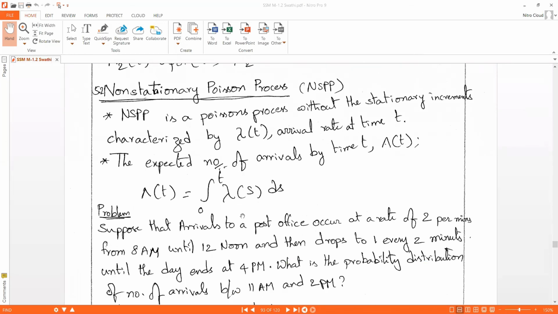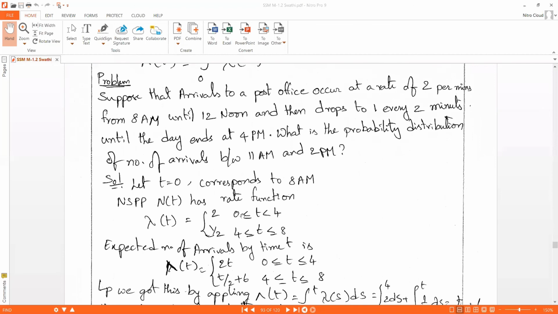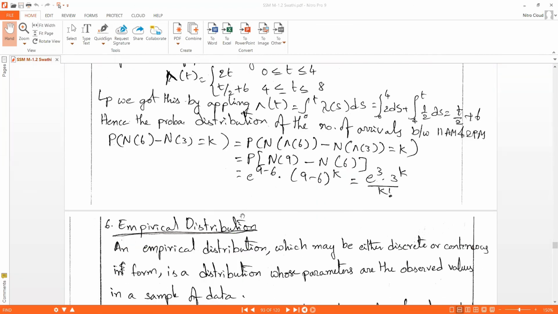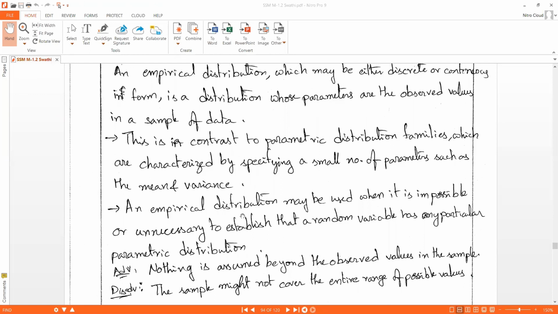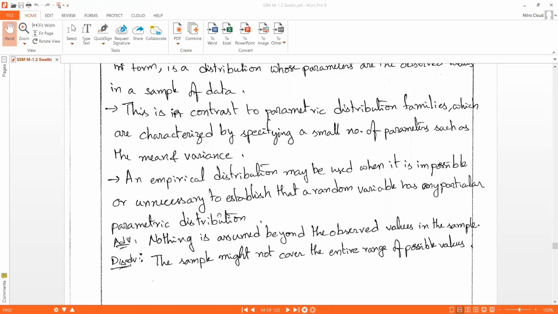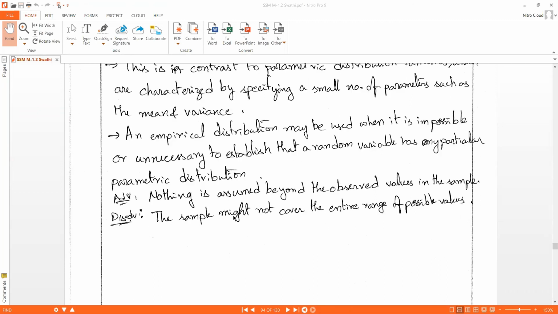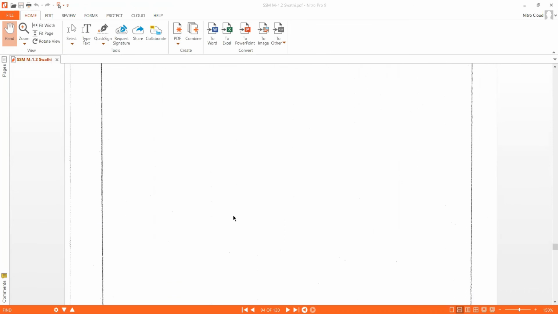Next one is non-stationary Poisson process, empirical distribution. Okay, these are the things we'll be covering here in these statistical modules in simulation. With this, first part of second module is completed.